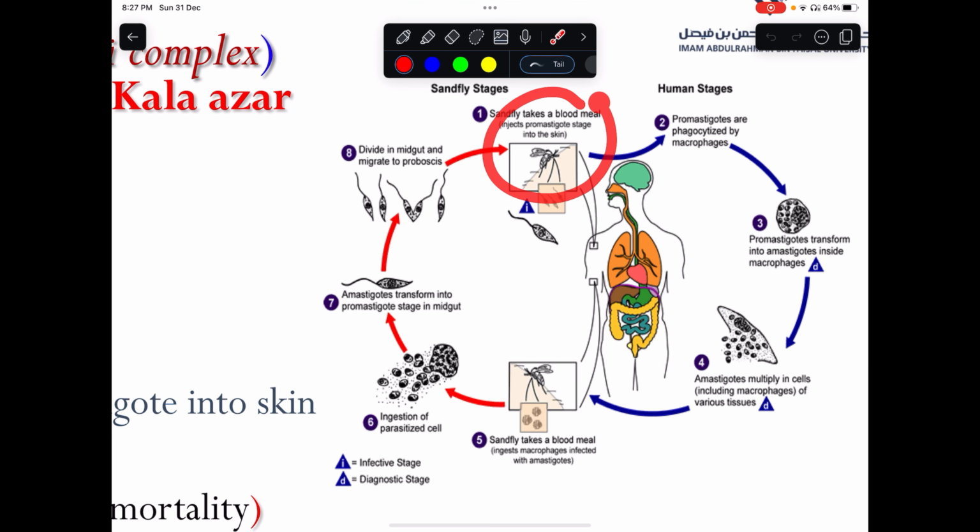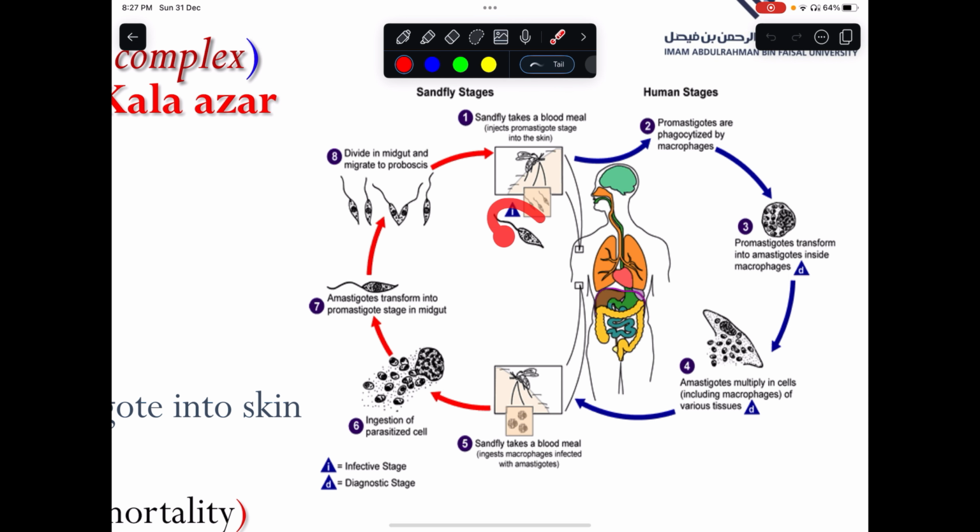So when the bite occurs, the promastigote enters, and once it enters, the body isn't silent, the macrophages immediately phagocytose it.